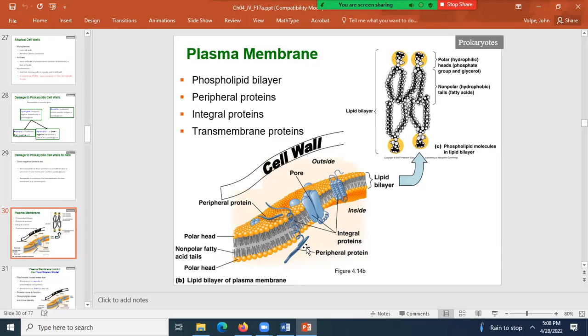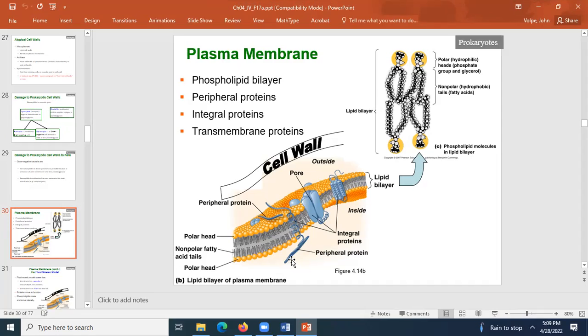Transmembranes are totally embedded in the membrane. Besides that, they span the membrane, meaning there's a portion of the protein on one side and a portion of the protein on the other side. Okay, thank you. That's what I mean by span the membrane. Whereas the peripheral proteins are mainly either outside or inside the membrane, but they can have a portion of that protein in the membrane. Does that make sense? All right, hopefully that makes sense.